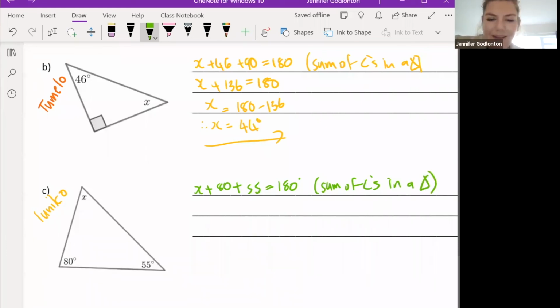It's going to be x plus 135 is equal to 180 degrees. Did you say 135? Yes, ma'am. Okay. Cool. Next line. We're going to take 135 to the right-hand side, and then it's going to become a negative. Then x is equal to 45. Perfect. Nice job. Good work.